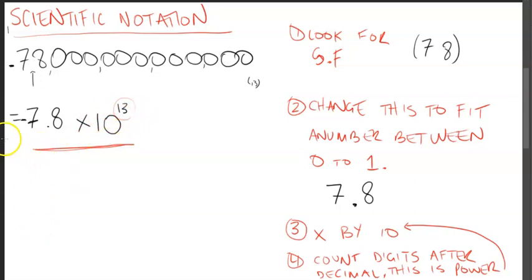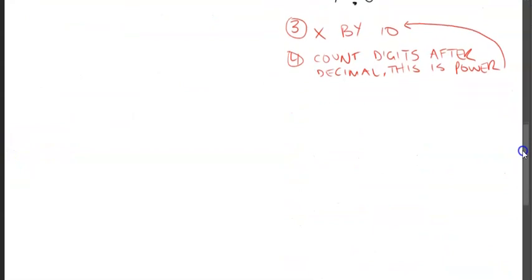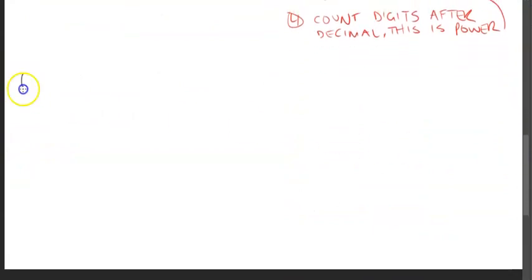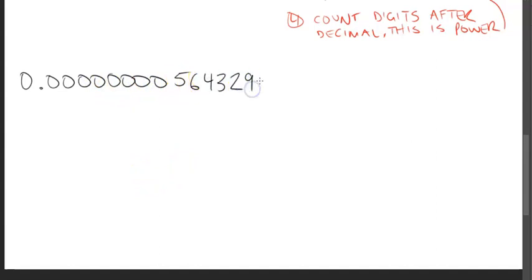Where it gets different is if we look at an example that has something that looks like this. Okay, I've thrown you guys into the deep end with this example here. It's a decimal number, and when it comes to a decimal number, the rules still apply in regards to writing the first number, but then a few things change when it comes to what you're multiplying it by, and what the power is more specifically.